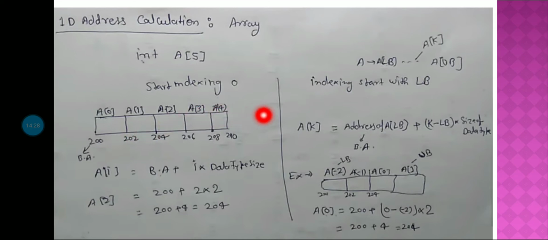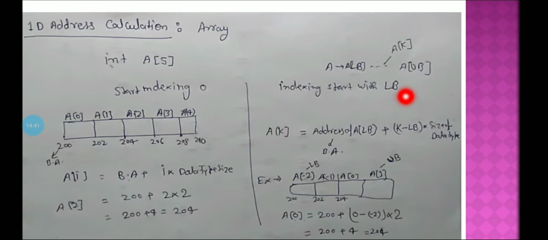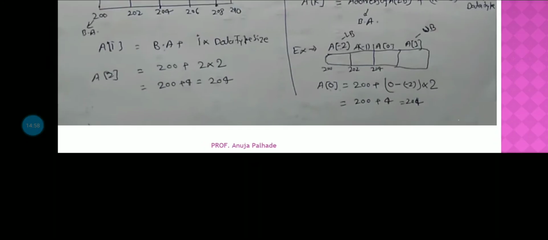How are you going to find out which element is at index A of 200? If this array is very long, then at A of 200 which element is there, or which address does it have? How are you going to find out? That's why this method is given in today's video, address calculation of an array.